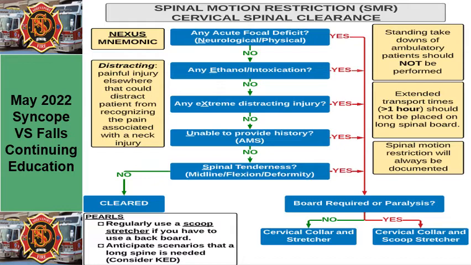Now, at one of the other departments that I was with before, they asked, well, what happens if the patient has some dementia? That's a very good question. Well, if they are unable to provide a history and they're kind of out of it, then you cannot cervical spine clear this patient. If they had been drinking, well, everyone says I've only had one beer.